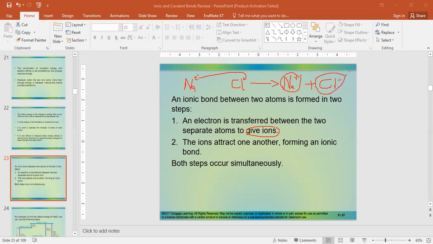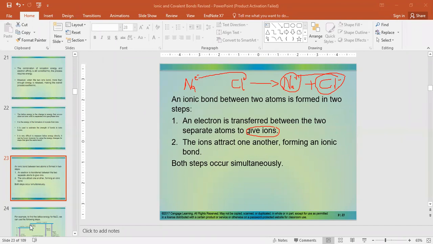Once these are formed, the ions attract one another to form the ionic bond because of the electrostatic attraction between the oppositely charged particles. These two processes occur simultaneously.